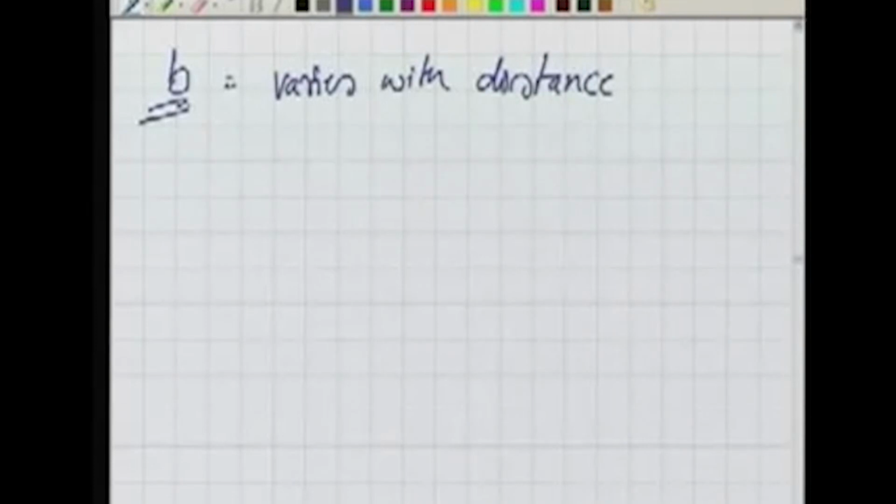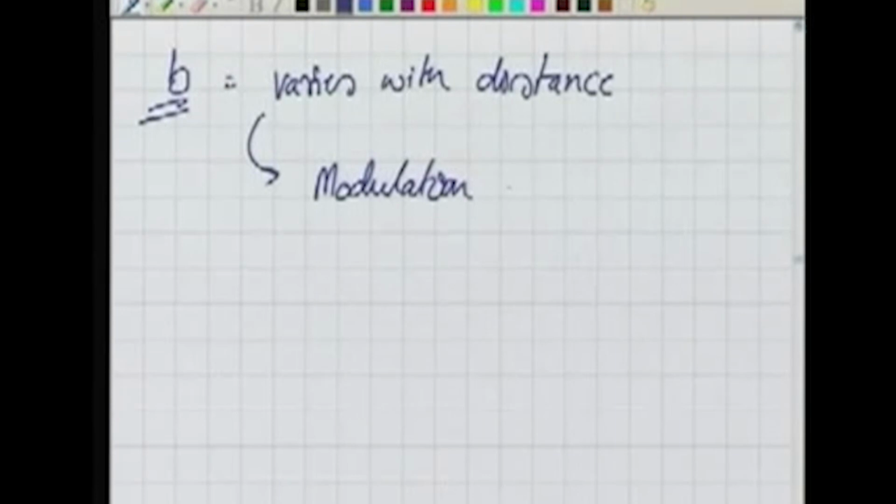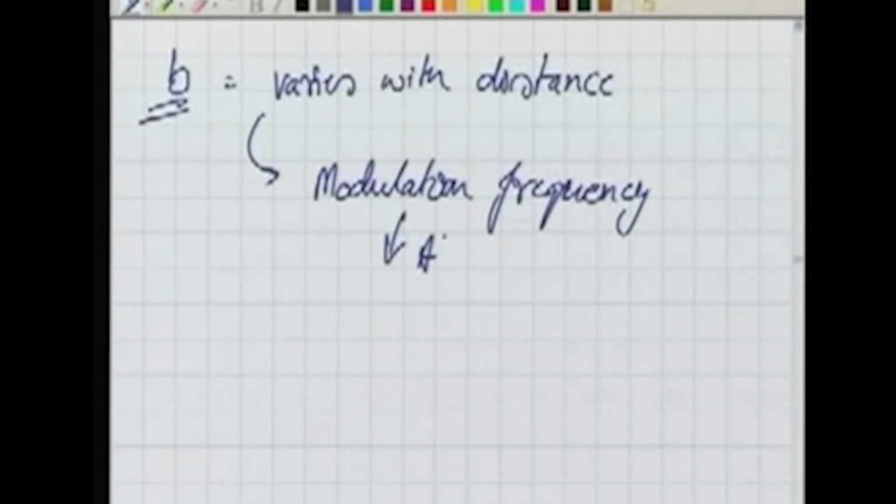But the other one, B, is something which will vary with the distance. More the distance which you are measuring, more this error will be. Lesser distance, less will be the B. So this B, as you know now, is basically because of problem with the modulation frequency and sometimes the atmosphere.